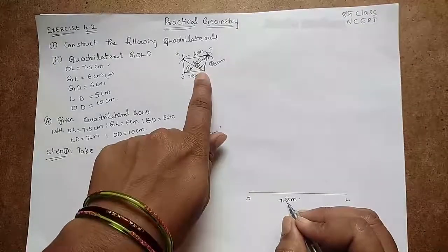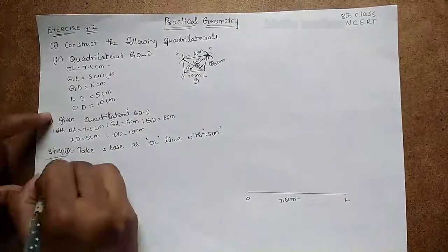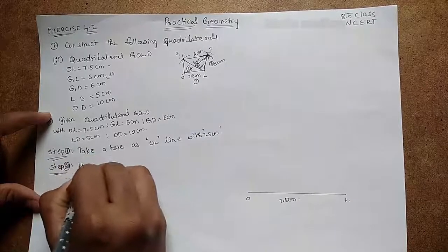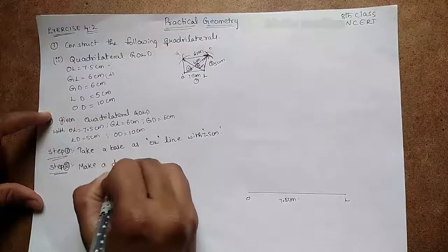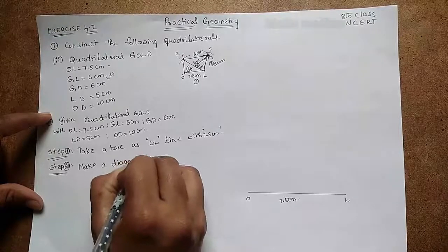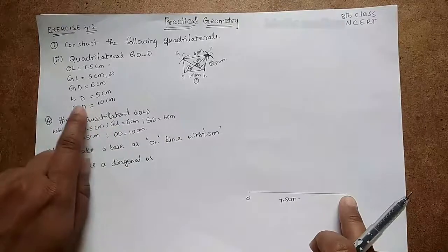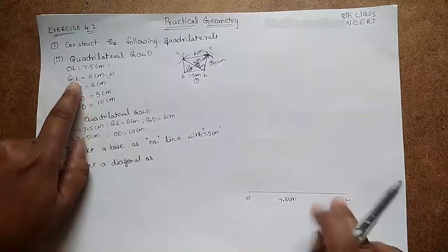Next, moving to step 2, make a diagonal from L. Here we have LG.